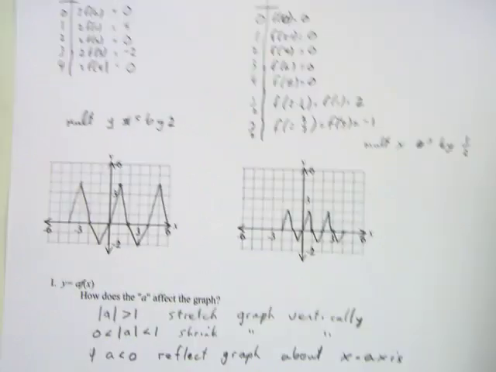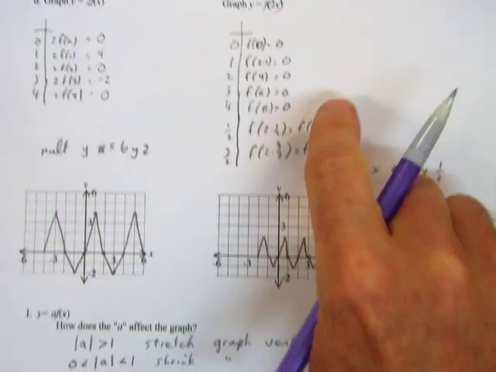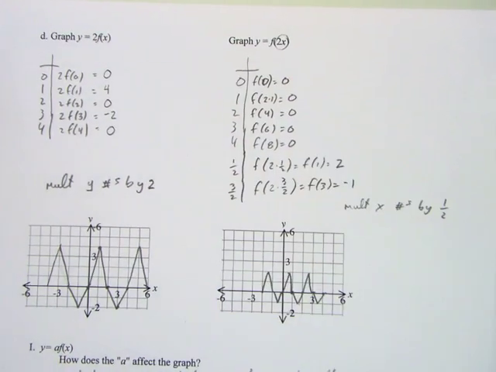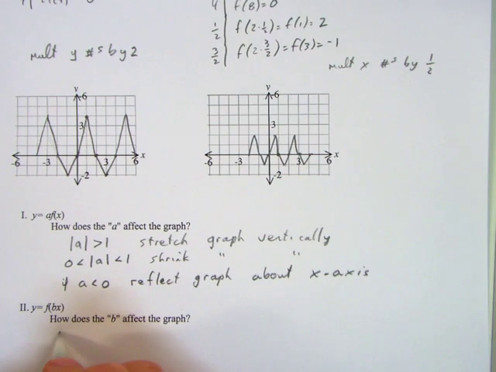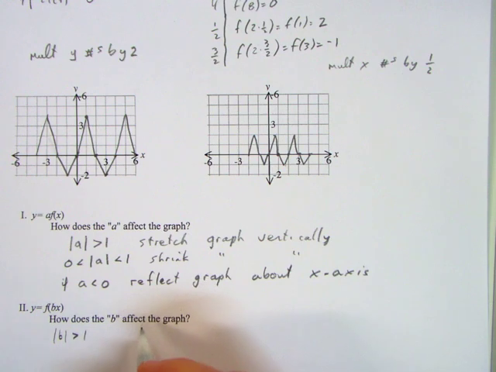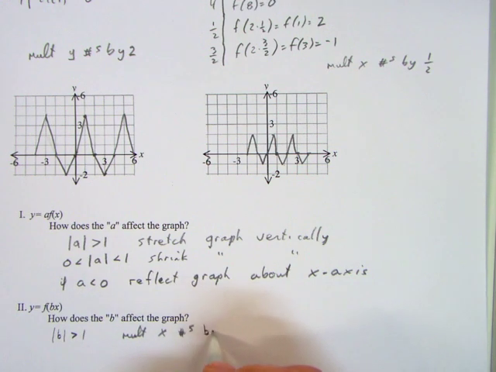Next piece, how does the b affect it? And that goes back to this right up here, the f of 2x. If b is greater than 1, what is that going to do? That's going to multiply the x numbers by what number?